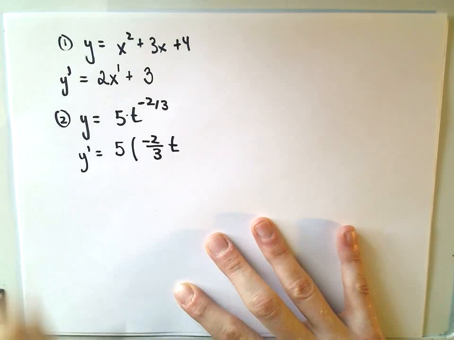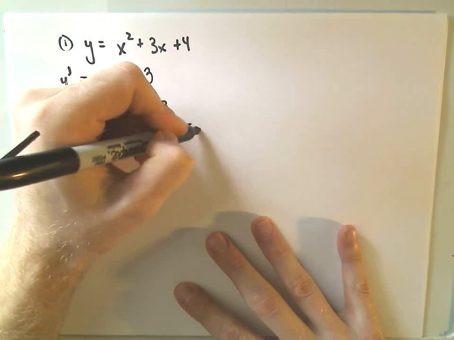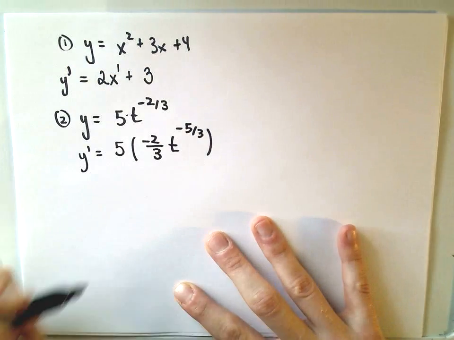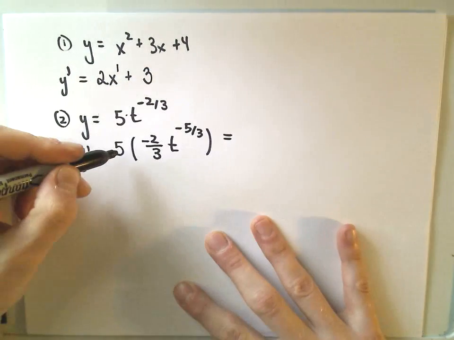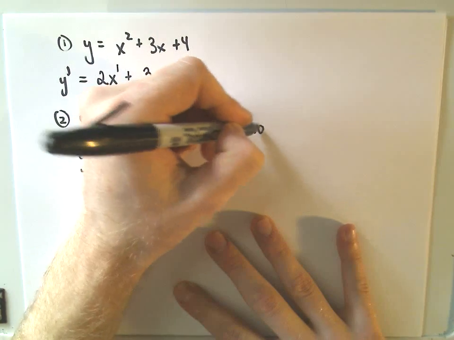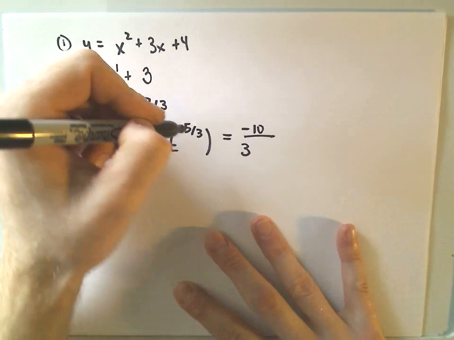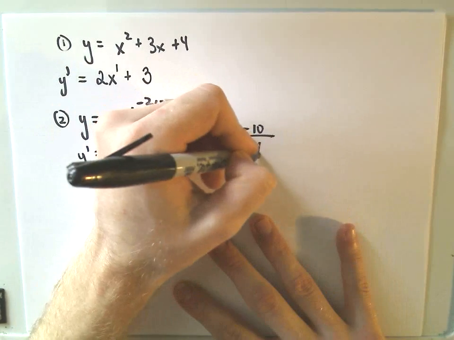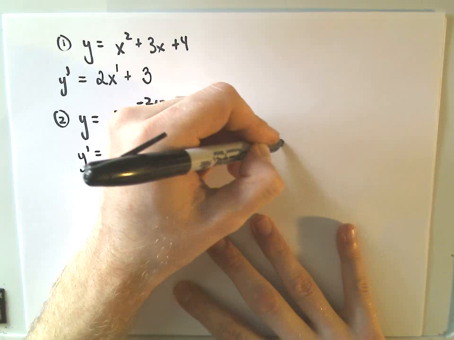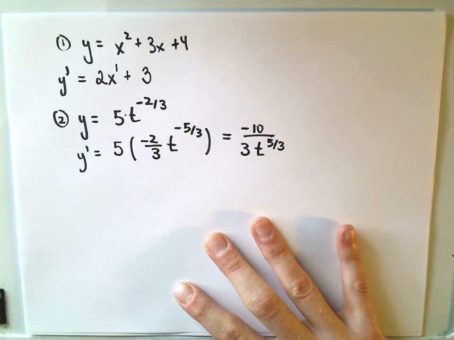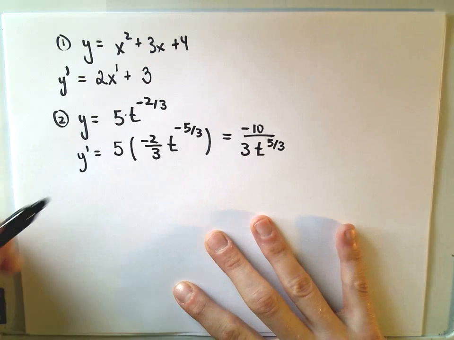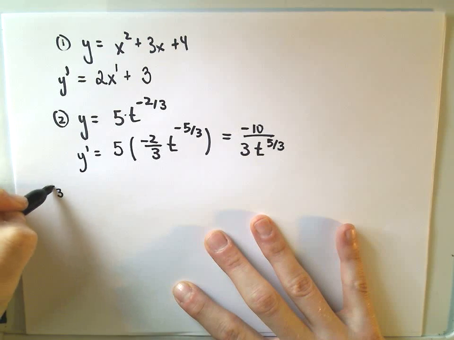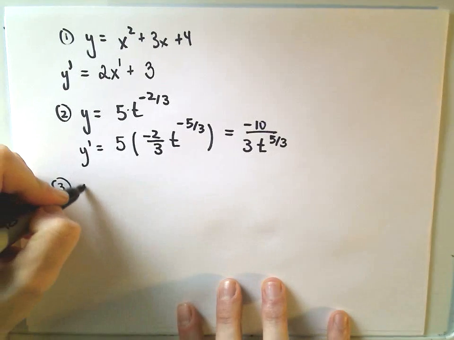So we're subtracting 3/3, so that would give us t to the negative 5/3. In this case, there's not a ton of simplification. Negative 10/3. You could put the t to the negative 5/3 back downstairs and make it t to the positive 5/3. So I said I wasn't going to do all the algebraic simplification. Some of the easy, quick stuff I will, but some of the longer stuff I probably will not here.